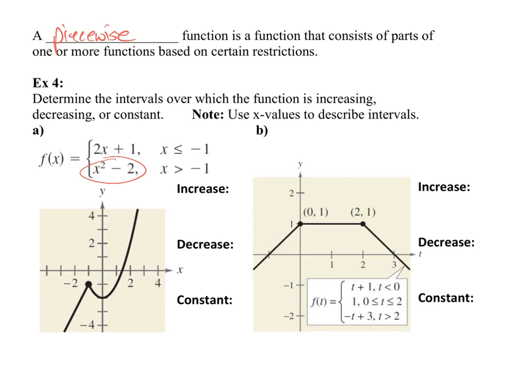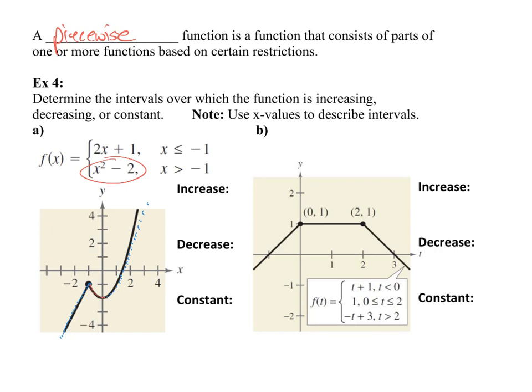Okay, increasing. Going from left to right here, it's increasing. And then what happens after that? Then it starts to decrease. And what happens from there? Then it begins to increase again. It begins to rise again. So we're looking at the x values now.